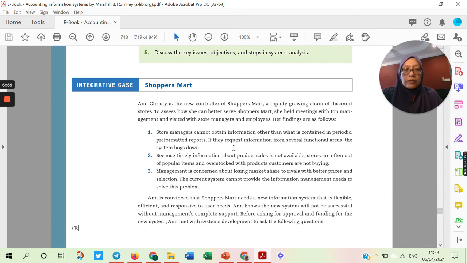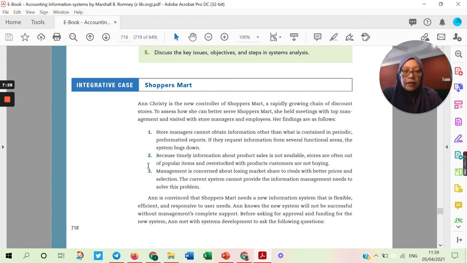So this is where Anne Christie looks for a solution. She thinks that the company needs a new information system that is more efficient and responsive. Also the second and the third one are the reasons why Anne convinced the management of ShopperSmart to change to the new system.